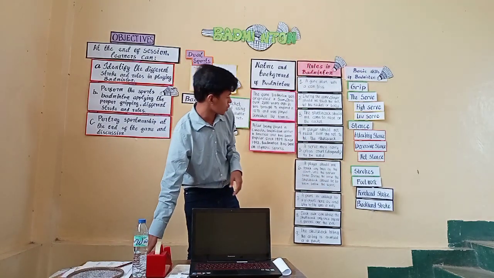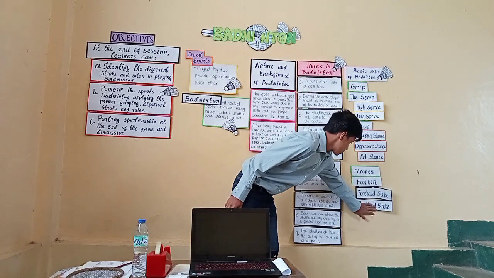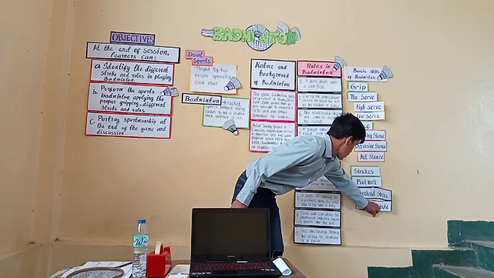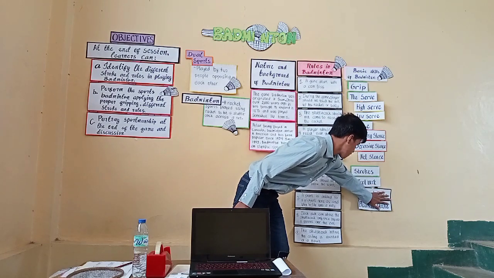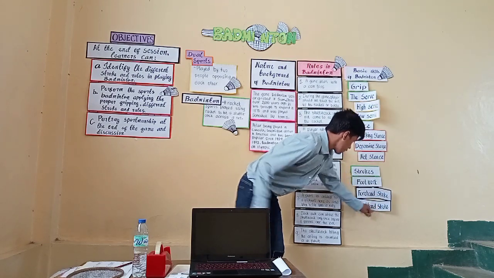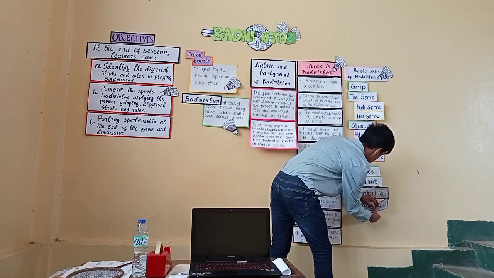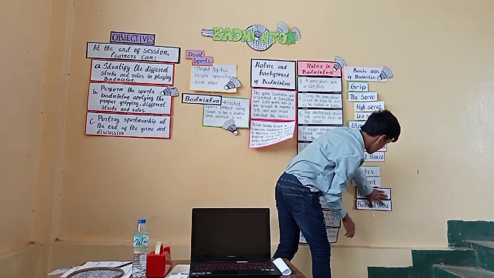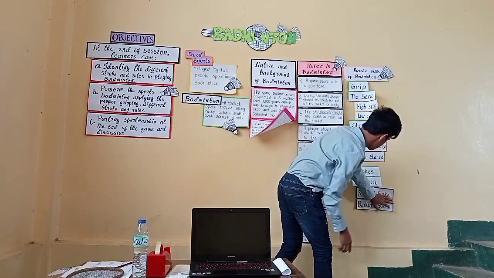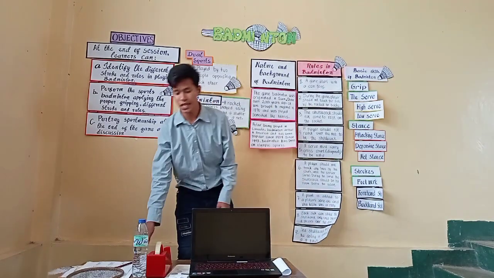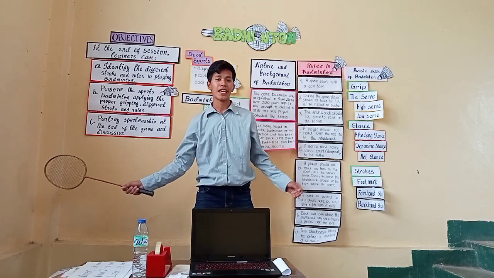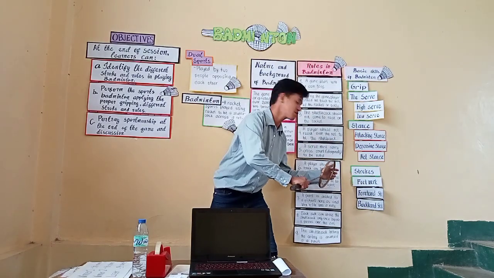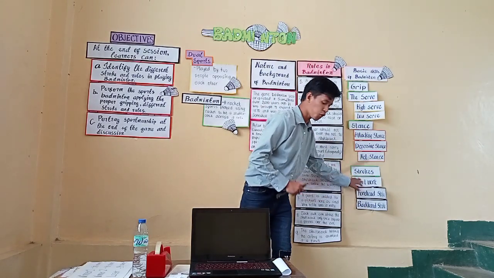So next we have stroke. During stroke we have two kinds: a forehand stroke and a backhand stroke. Next is footwork.